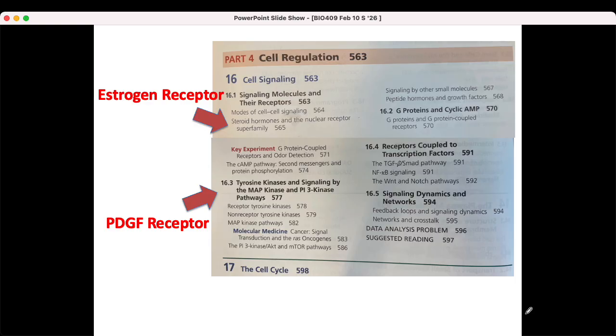And they're often involved in growth stimulation normally and cancer biology also. So that'll be our main thing. We'll just talk a little bit more about the estrogen receptor in this chapter, but mostly we're going to dive into the receptor tyrosine kinases and what their story is and how the PDGF receptor functions.